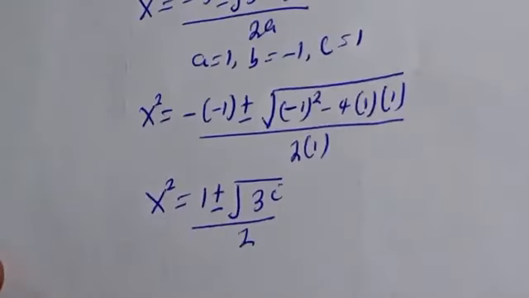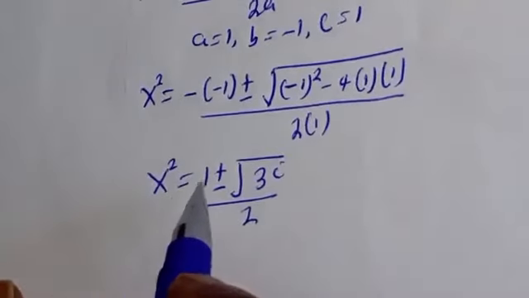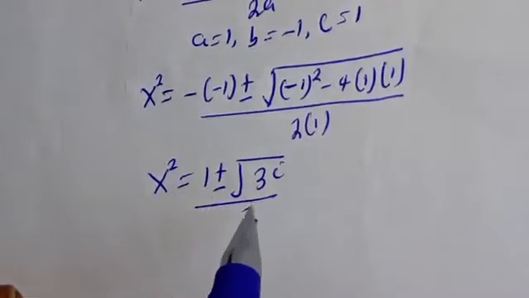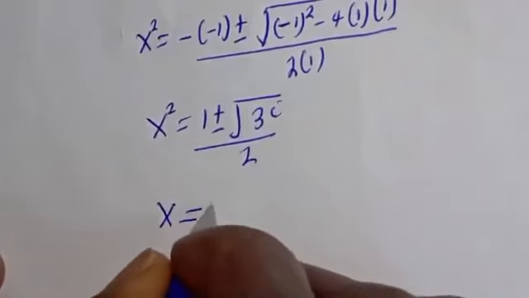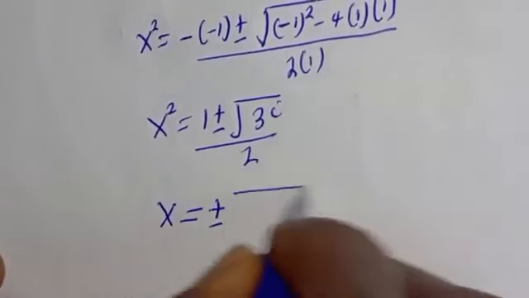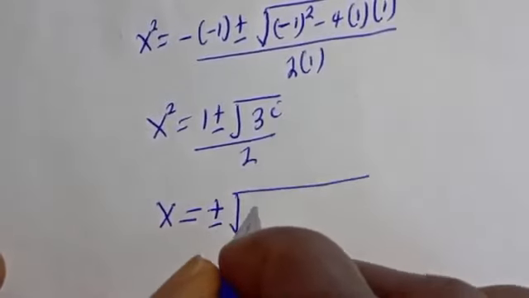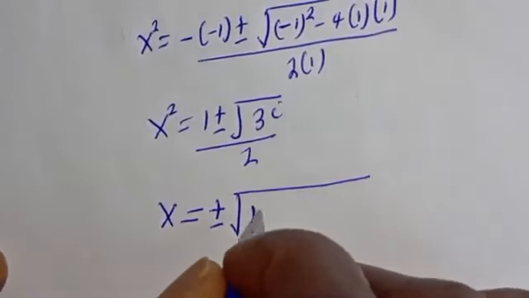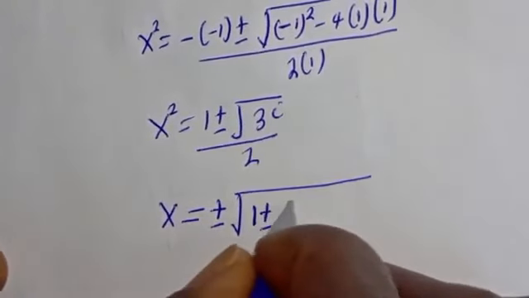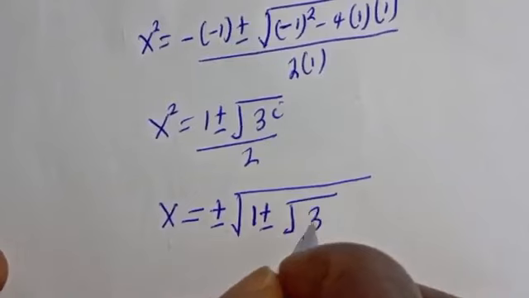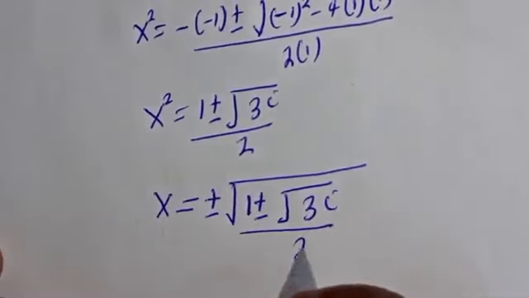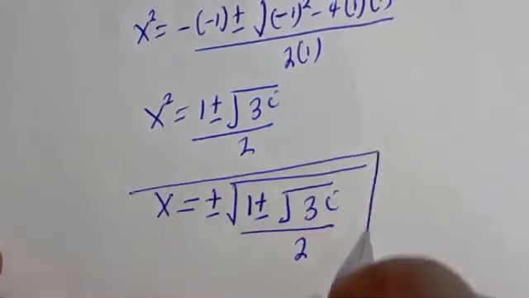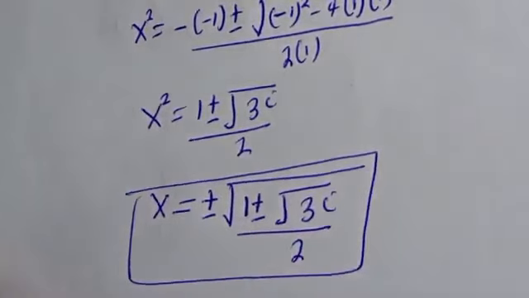Let's substitute. Then s squared is equal to 1 plus or minus square root of 3i over 2. Then s will be equal to plus or minus square root of 1 plus or minus root 3i over 2. Then this is the final answer.